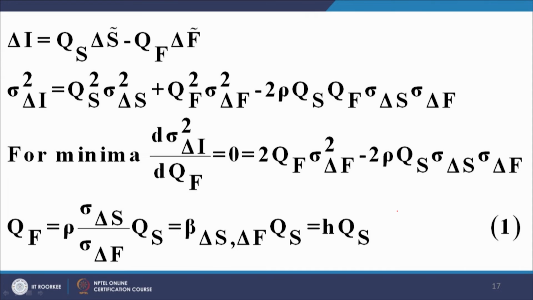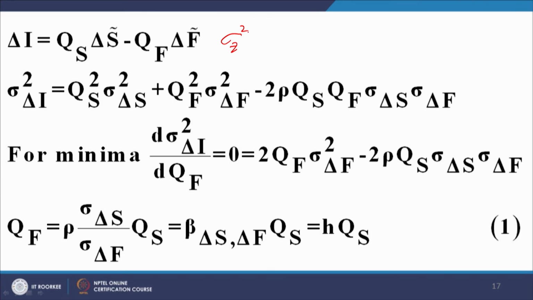So, let me repeat, delta I is the change in value of the hedged investment, and that is equal to QS, the quantity of the exposure, into the change in spot price of the exposure, plus QF, the quantity that we have taken up in the futures market for implementing the hedge, into the change in the futures price. So, using the formula that we arrived at just now, let me write it down.